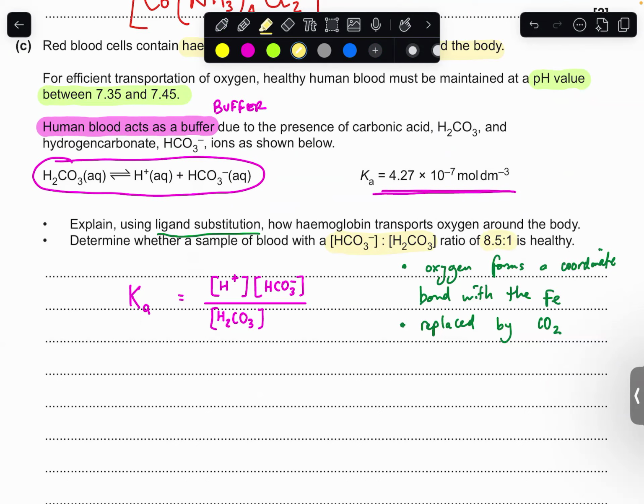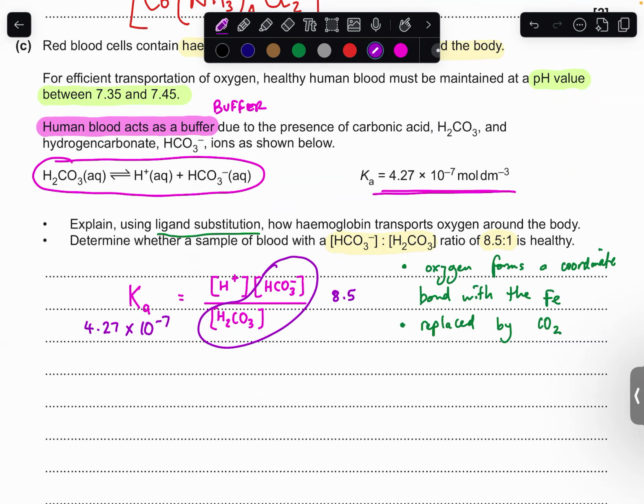Now, what they've done in this question, they've given you this part of the equation. They've given you a value of 8.5 divided by 1, which is still 8.5. You've been given the Ka value, which is 4.27 times 10 to the minus 7. And what we want to do is work out the H plus concentration.